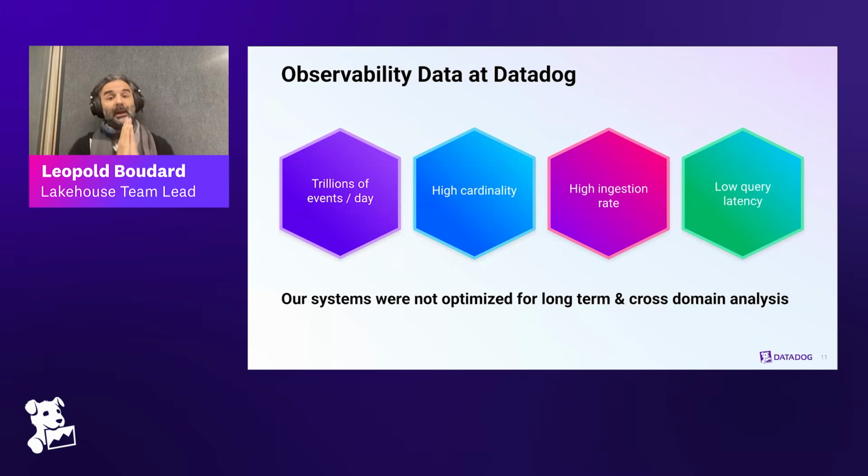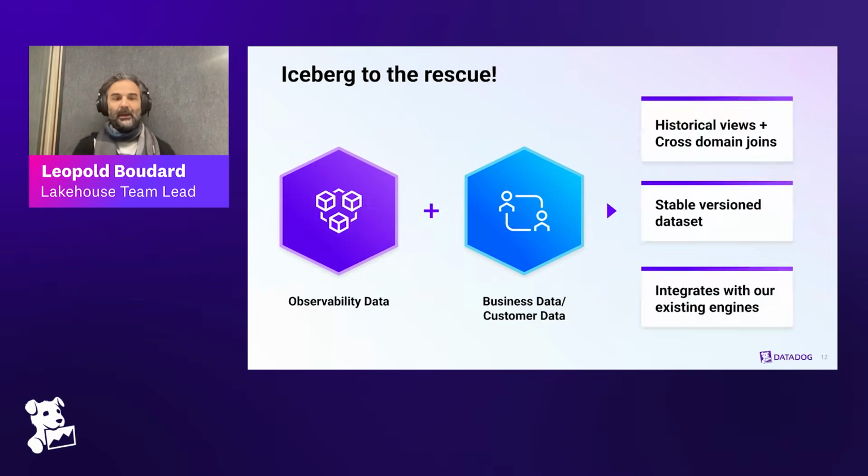Yeah, totally. So it's definitely more for batch and offline analytics first that it can be good. It can cover other use cases as well, even interactive analytics queries. But what it really allows us in the context of Datadog is providing cross-dimensional and historical views of exports of metrics or logs and doing some joins with business or customer data.